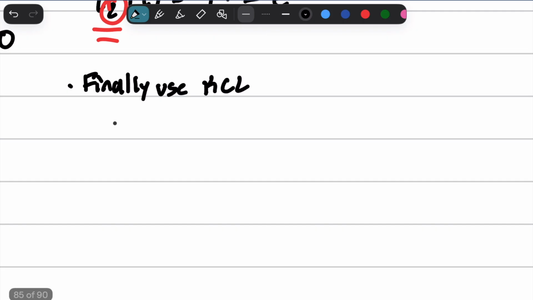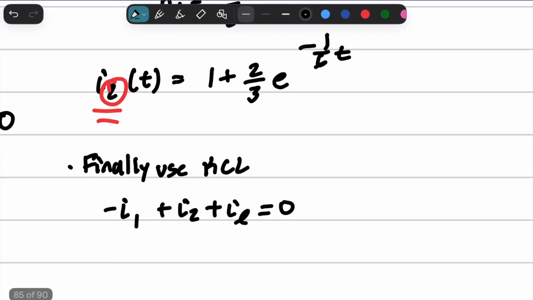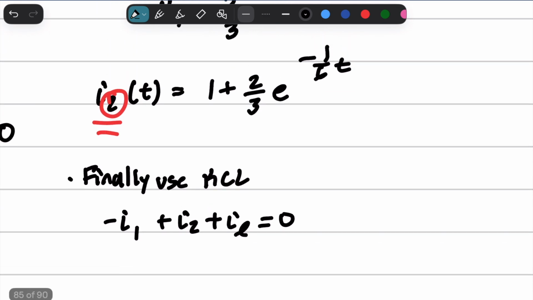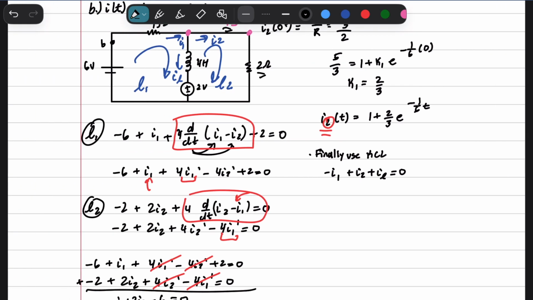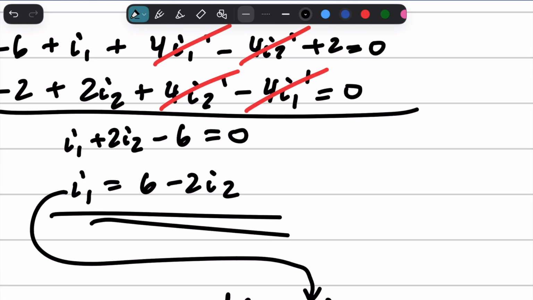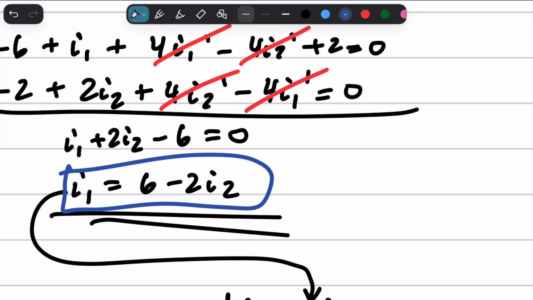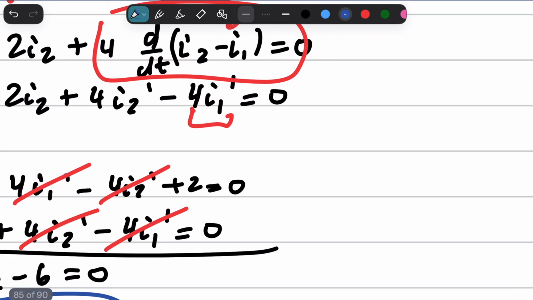And so our KCL is still going to be negative I1 plus I2 plus IL equals 0. We're going to go ahead and say that we've got the I2, right? And we've got the I1 actually, because we have I1 defined here, right? We have a dependency that we can use.